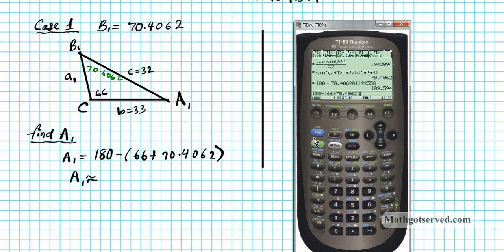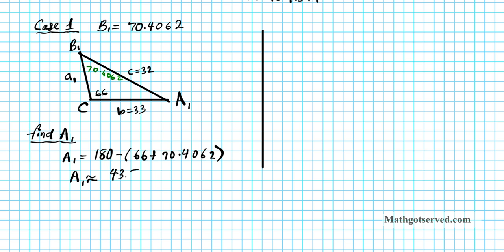Close that. And our answer is going to be 43.5938. Okay, let's write that down. 43.5938. That's our measure for big A1.